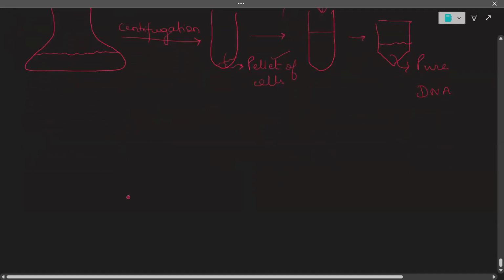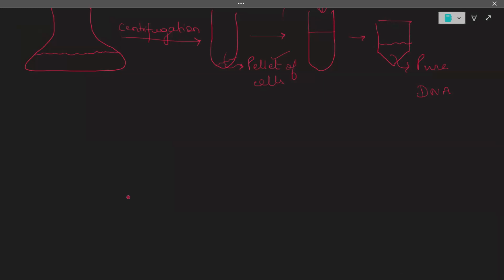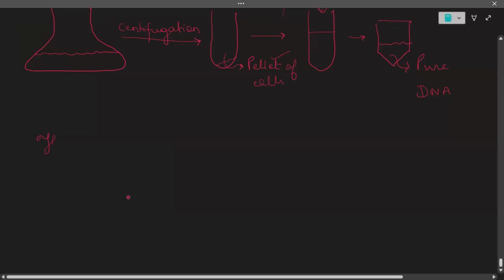Now see, first of all, the bacterial culture is grown, and after it has been grown, it is harvested. Do you people understand the meaning of harvested?